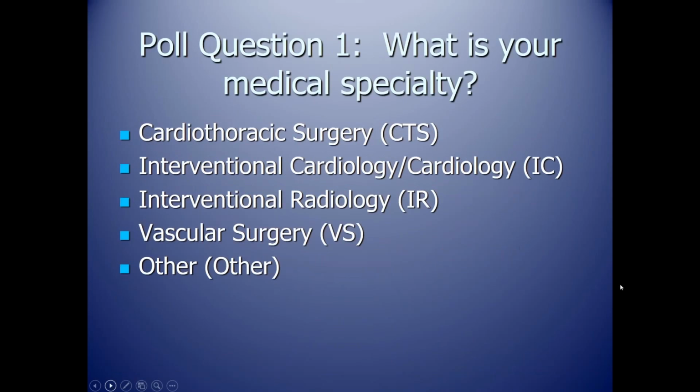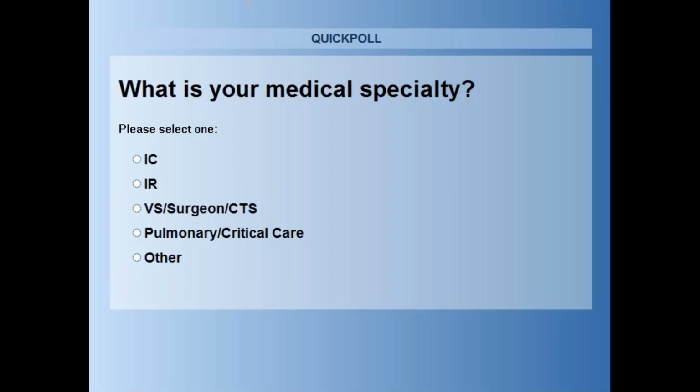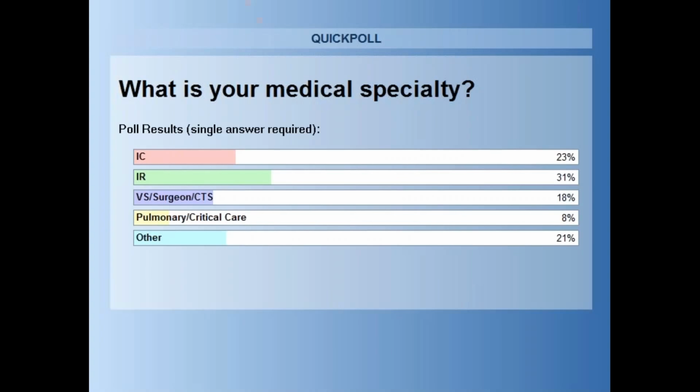Here's the first poll question, which is just to get an idea of our audience. We added another specialty here, so people who are on, you can answer, and when we get a critical number of people, we'll show everybody the results. Great. Okay, here are our results.